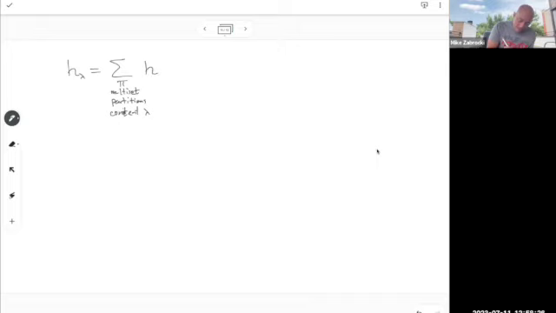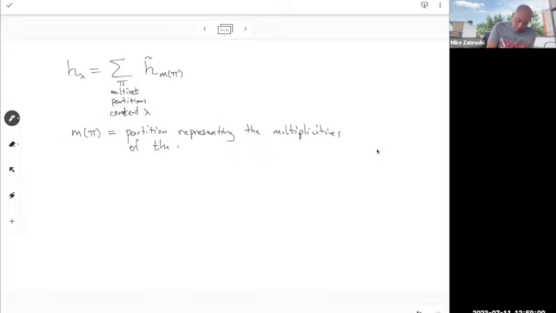And there's one term for each multi-set partition. And m pi is equal to multiplicity, so it's a partition representing the multiplicities of the parts of pi.